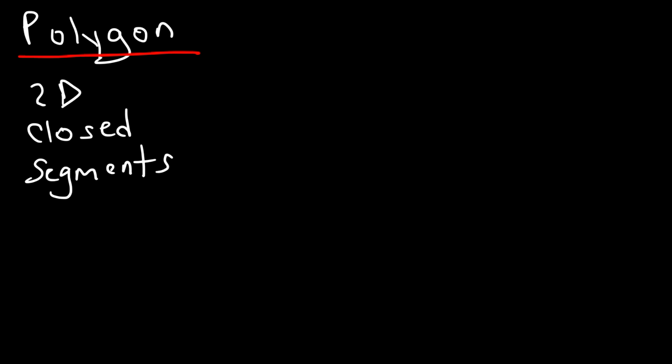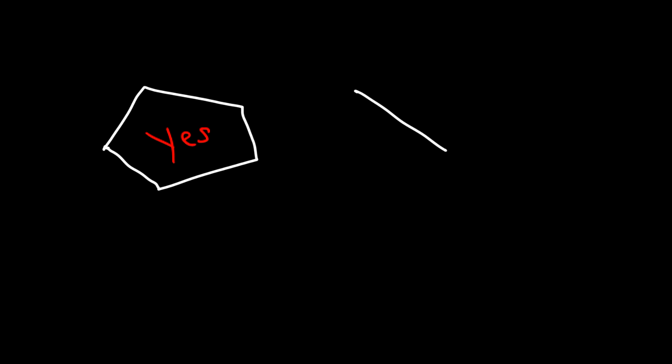So keeping these rules in mind, is this a polygon? What would you say? The answer is yes. It consists only of segments, it's a two-dimensional shape, and we have no lines intersecting. Now what about this? Is this a polygon? The answer is no, because notice that we have this side, it's open, and a polygon is a closed figure.